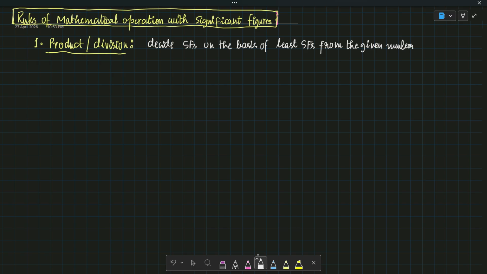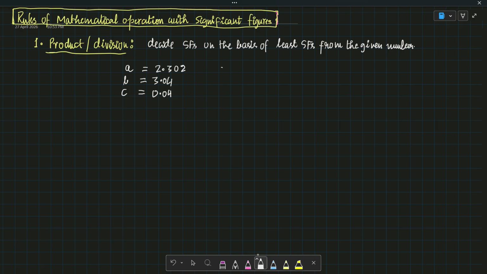What do we mean by that? Let's say that we are given a is equal to 2.302, b is 3.04, and c is 0.04.